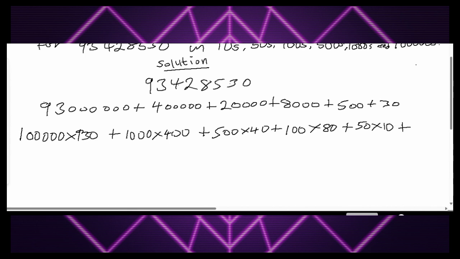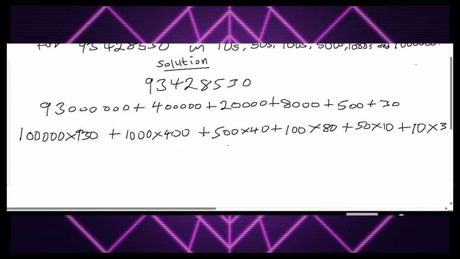Then the least multiplication is tens. So I write my 10 here, and what number can I multiply by 10 to get 30? That's 3.